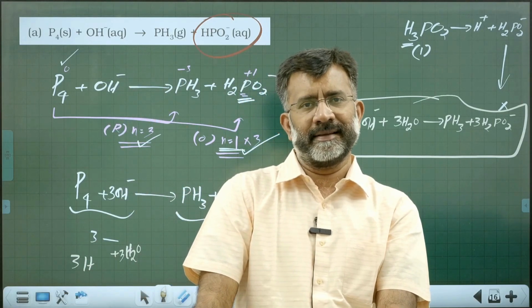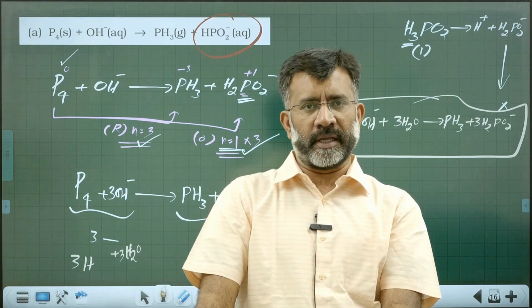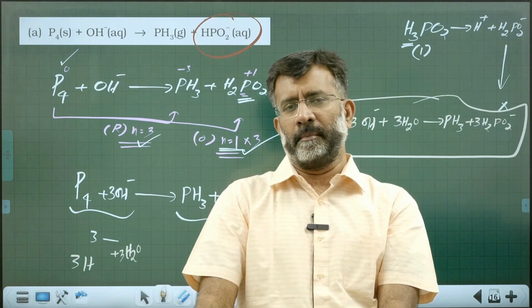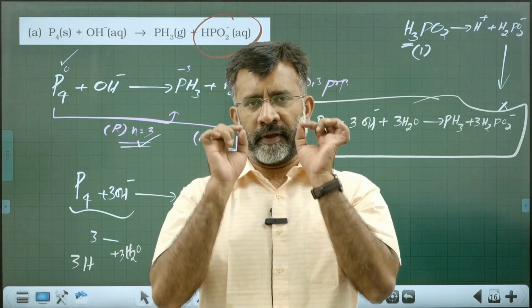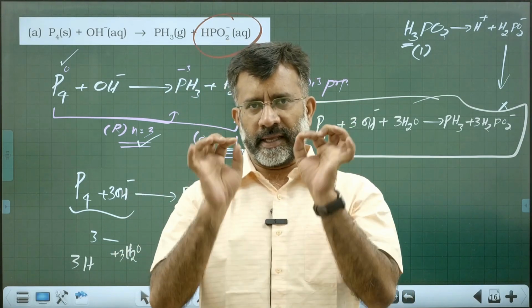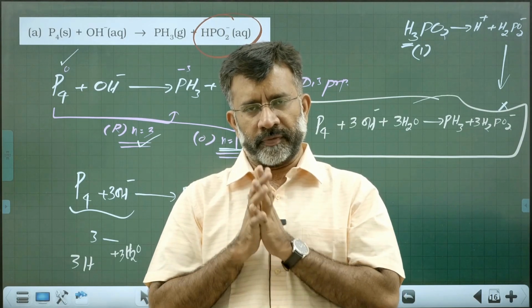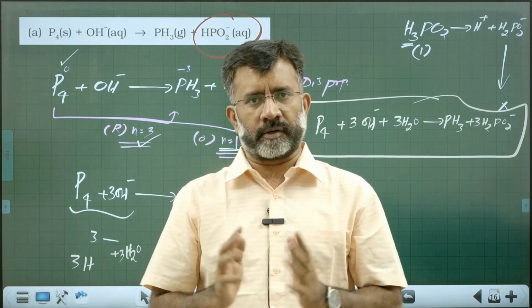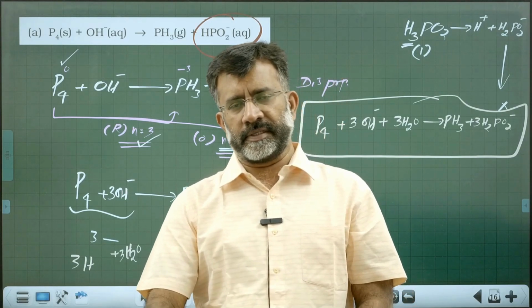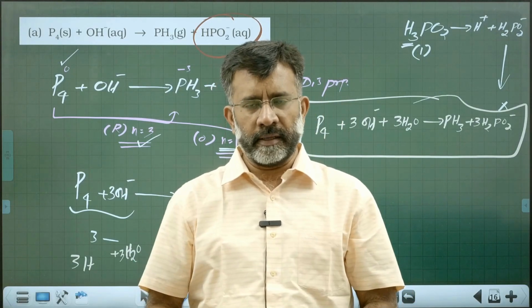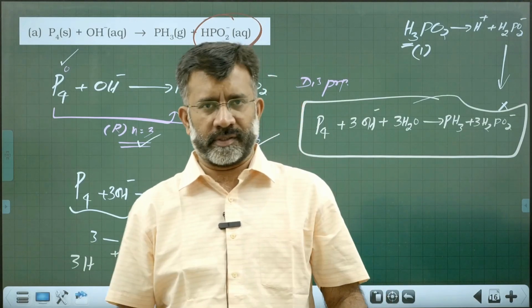And finally, balancing of chemical equations. Various steps are involved. Fundamentally, the important steps are: identify oxidation and reduction, balance the n factor. Number 2, if it is an ionic reaction, balance the charge, using H plus if it is an acid medium, using OH minus if it is an alkaline medium. And finally, balance hydrogen and oxygen.